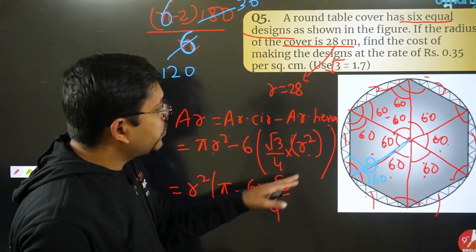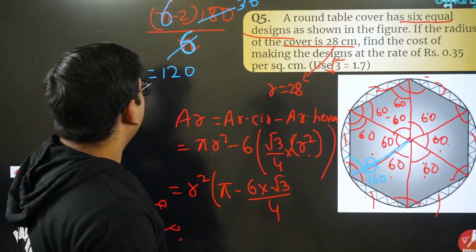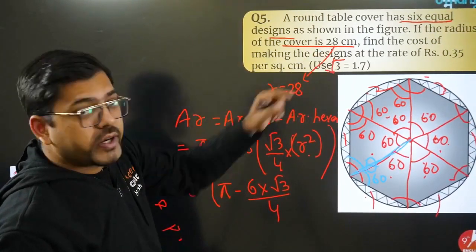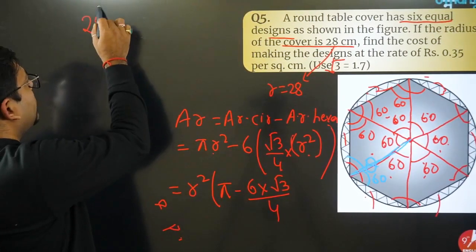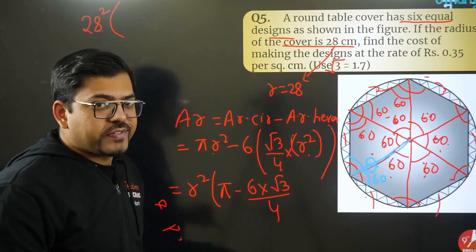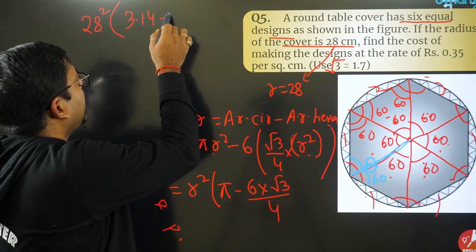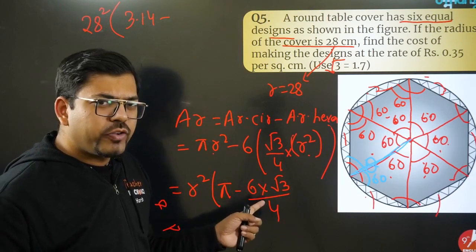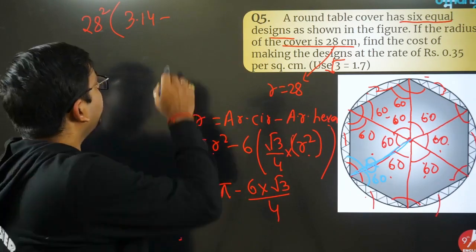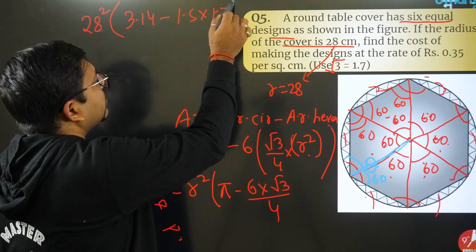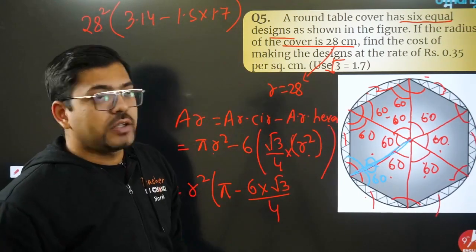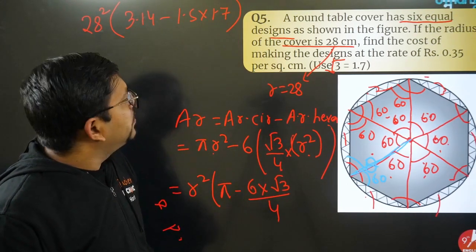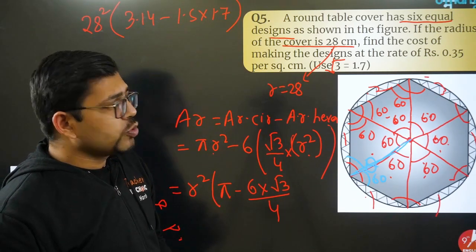Now please pay attention, this root 3 value is already given as 1.7, so let's utilize it. r is 28, so let's write 28 square into pi, which is 3.14, minus root 3 which is 1.7, into 6 by 4. 6 by 4 is 1.5. So 1.5 into 1.7: 1.5 times 1.7 is 2.55.